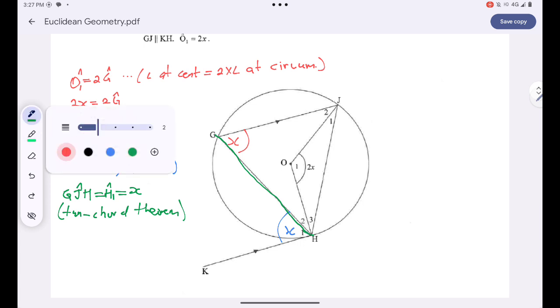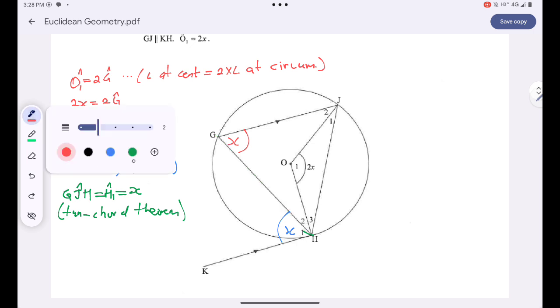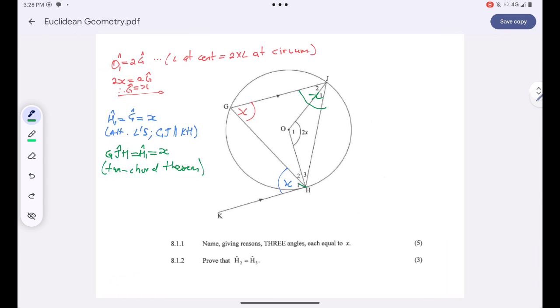That chord HJ or JH subtends this angle at the circumference. That's why angle GJH will be equal to angle H1 because of the tan-chord theorem. So the three angles which are equal to x, we have found them. The third one is this one.